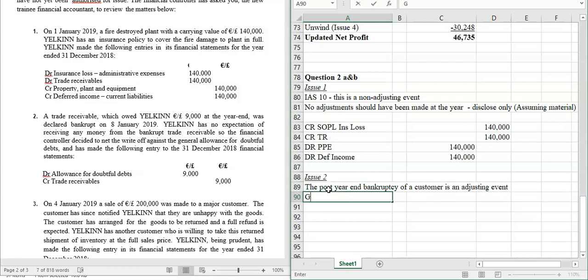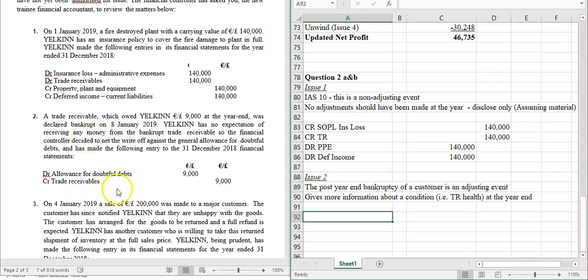So again, it gives more information about a condition that existed at the balance sheet date, i.e. the trade receivable health at the year end. So in our case, well, if they went bankrupt 8 days later, it's likely they were bankrupt at the year end. So you should have written it off. It's an adjusting event.